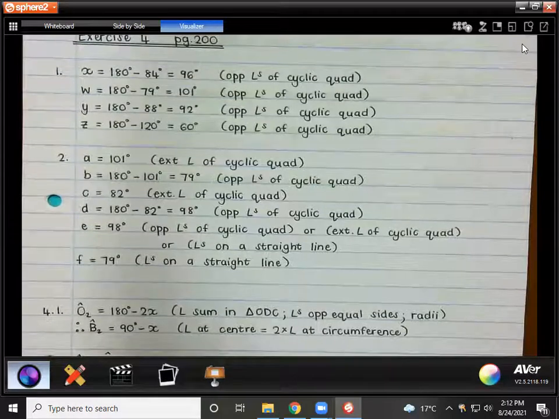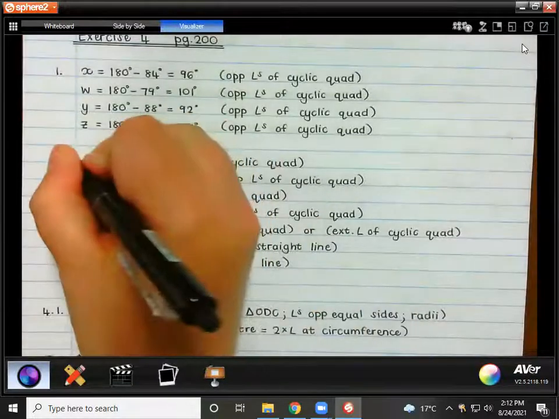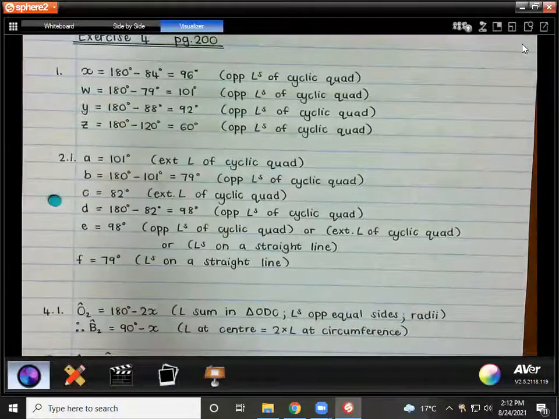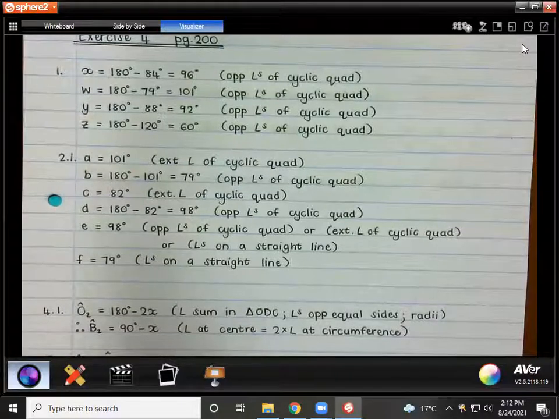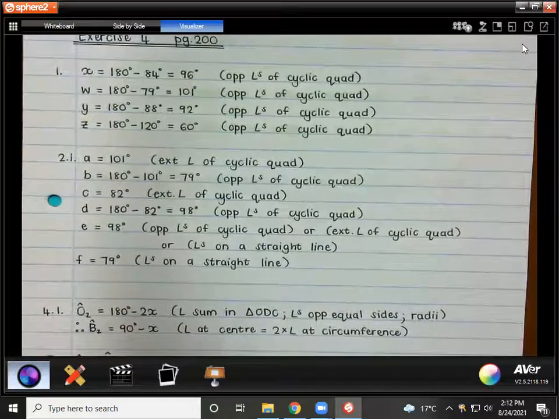Okay, so that was actually 2.1. My apologies. I'll have to do 2.2 on the back of this page. So 2.2, 2.3, 2.4, you had to use the answers that you had.